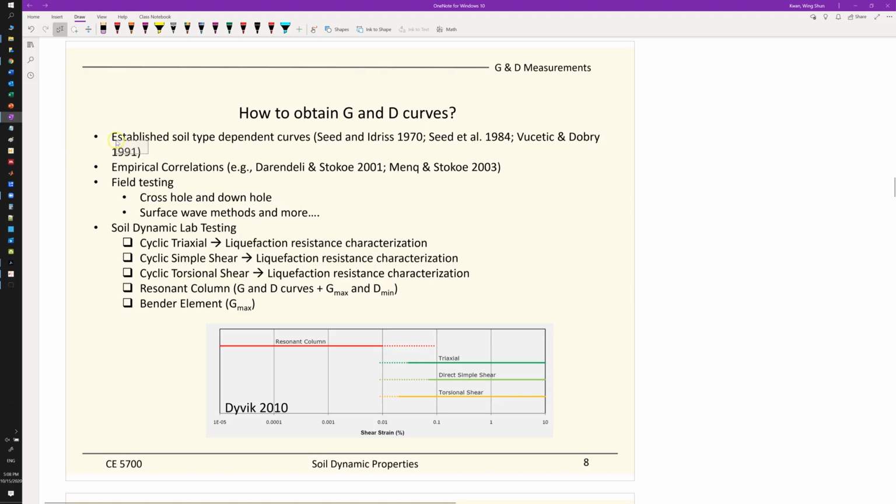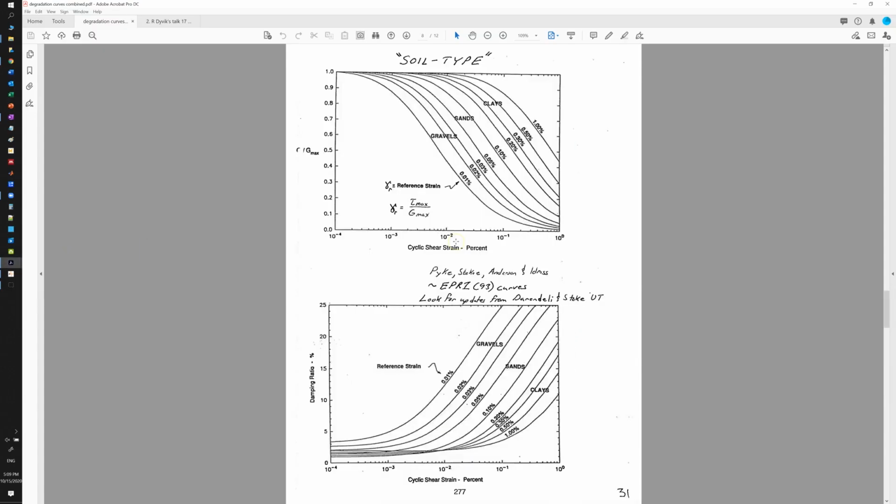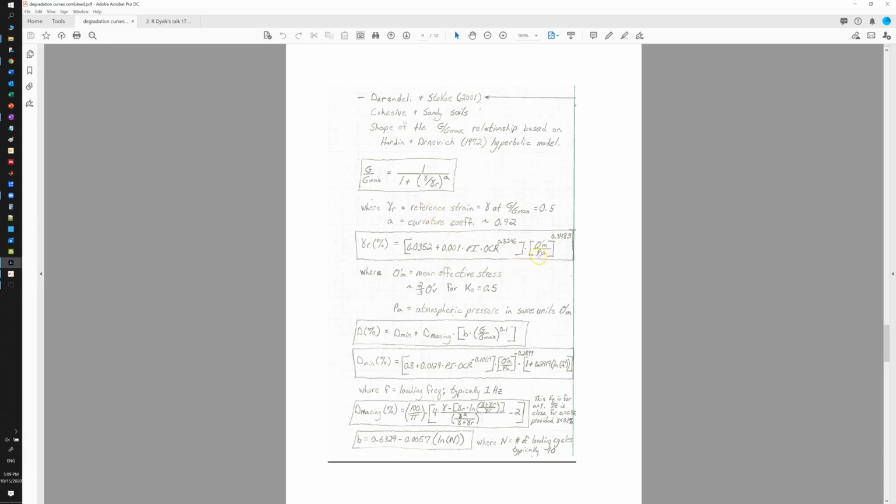We talked about where a typical soil-type dependence curve comes from, and also the empirical correlations. We touched base on them. Those models are very popular. So you can use those, which gives you more control in terms of changing the shape of the curve based on some very specific soil parameters, like the mean effective stress, the PI, the OCR.